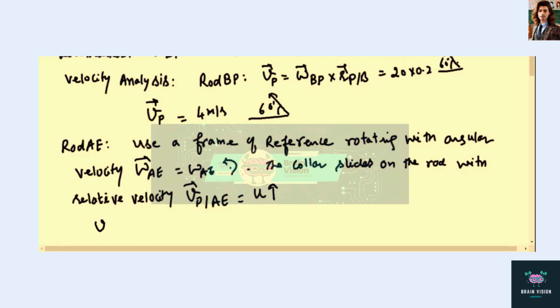So velocity of P can be written as velocity of P dash plus velocity of P with respect to AE.